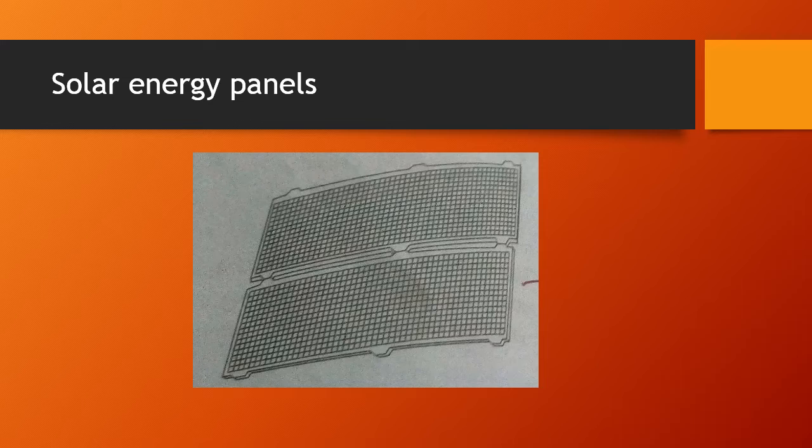If you look at the solar energy panel, you can see those two compartments and the small squares which absorb the energy from the sun and convert it to electricity.